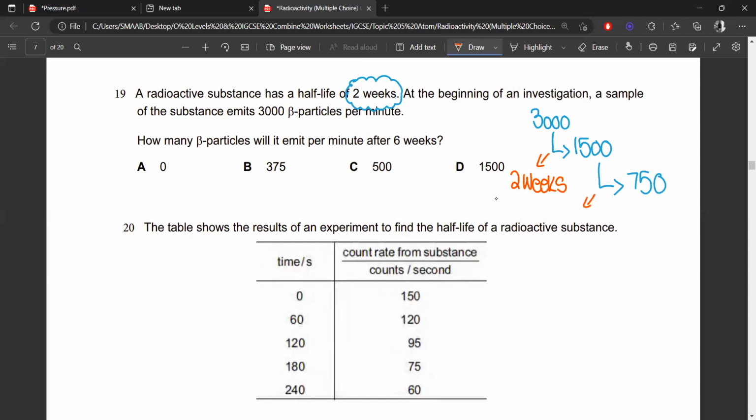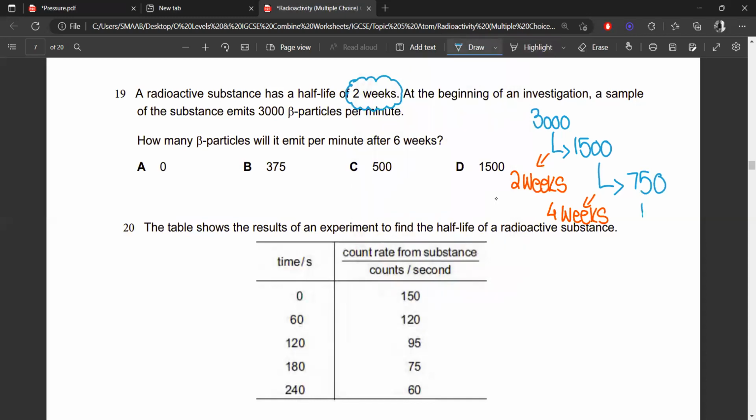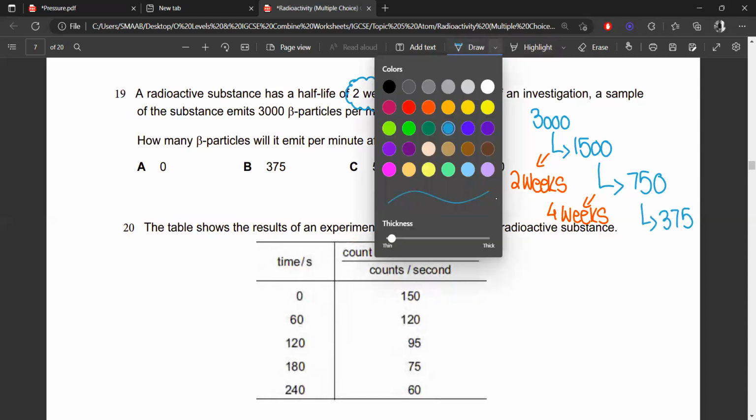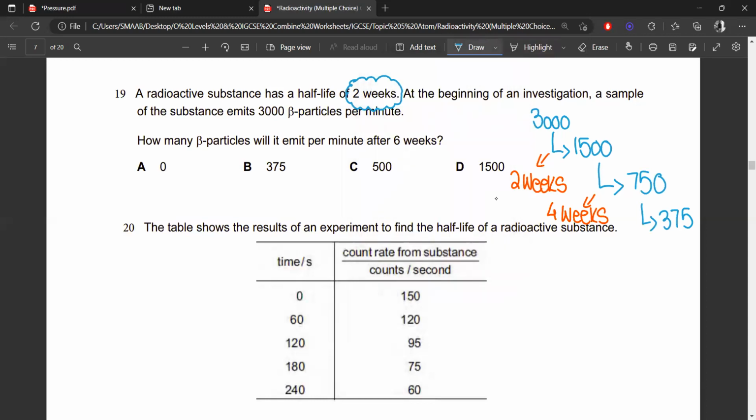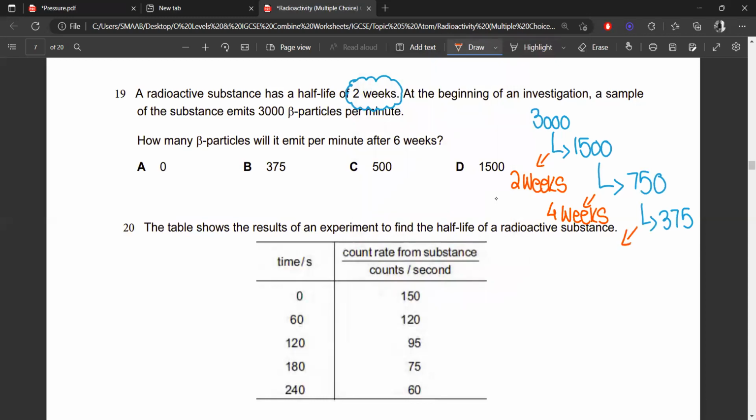Then after our third half-life, we get our desired time of 6 weeks, and the value is 375. So we are getting 375 counts per minute after 6 weeks, right? So B is the right answer.